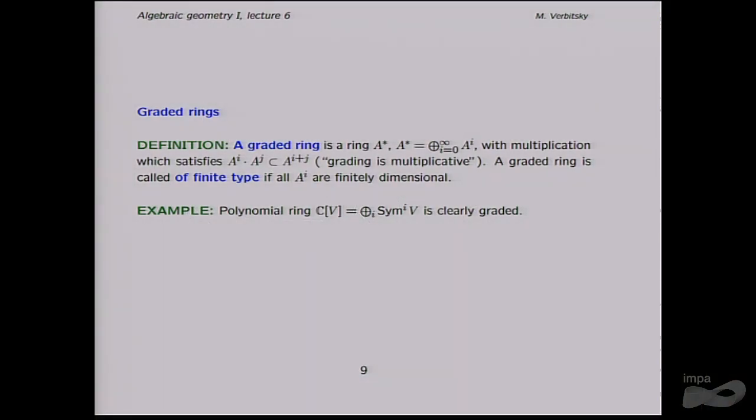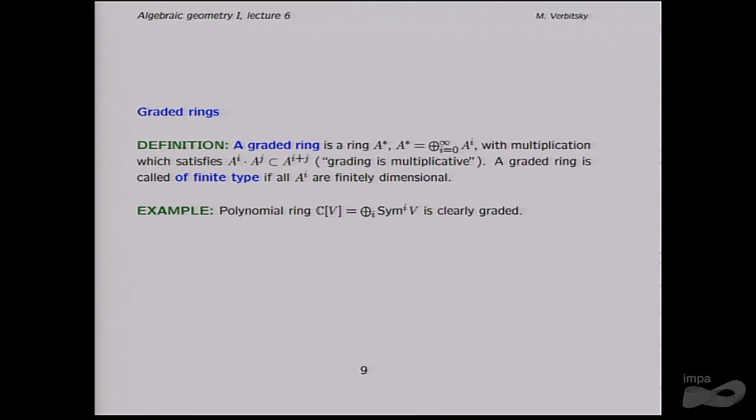Now graded rings. Did you have any graded rings before? Who knows graded rings? Almost everybody. So graded rings, it's written there. It's just a ring which is a direct sum of graded components, and the graded components are multiplicative. The typical example is a polynomial ring, which is graded by the degree of the polynomial.